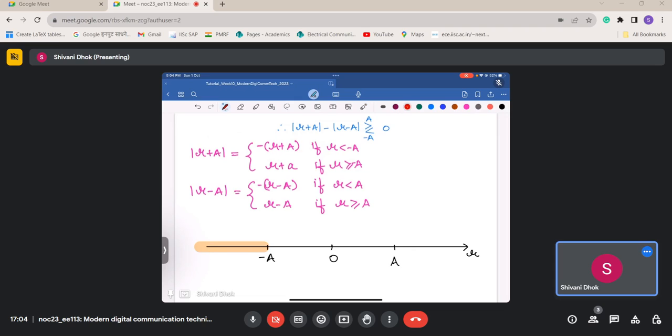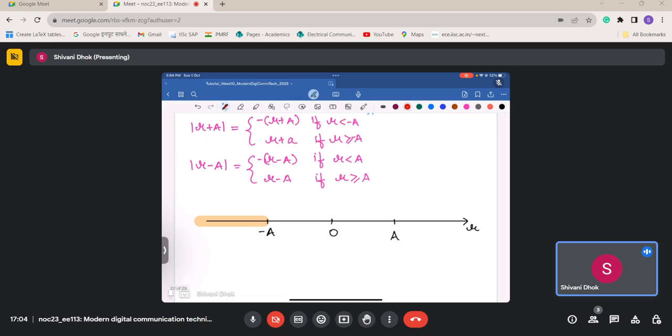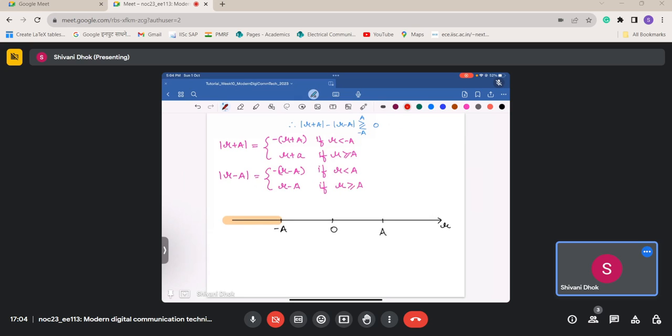So in this first region, we have this. Now let us look at this region, which is r greater than or equal to a.